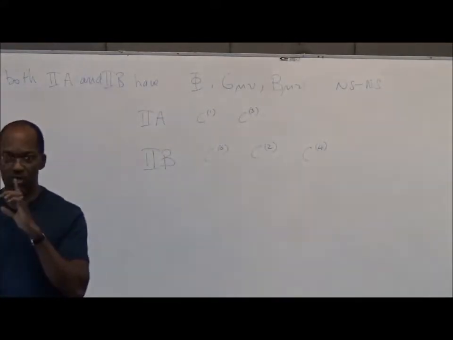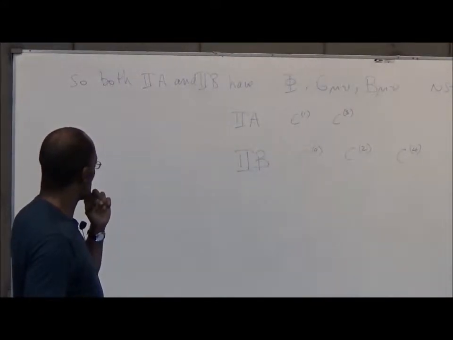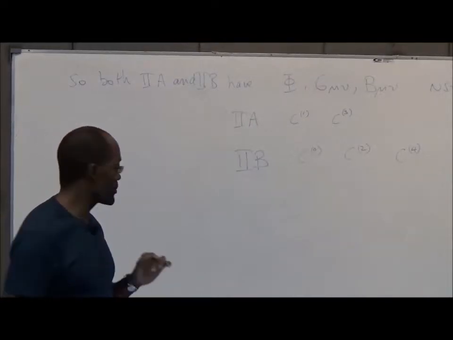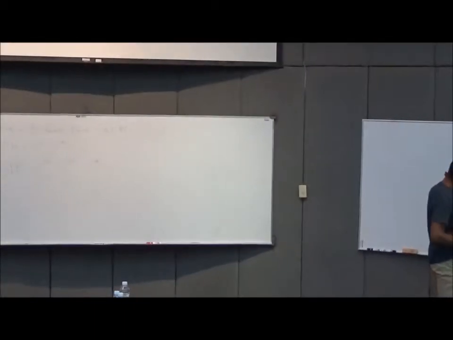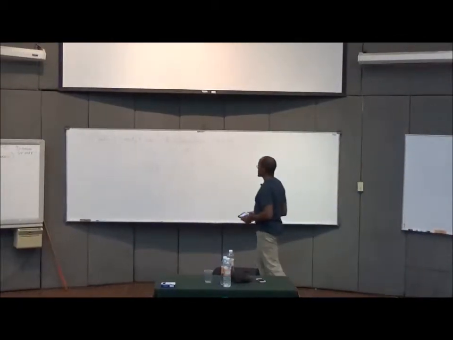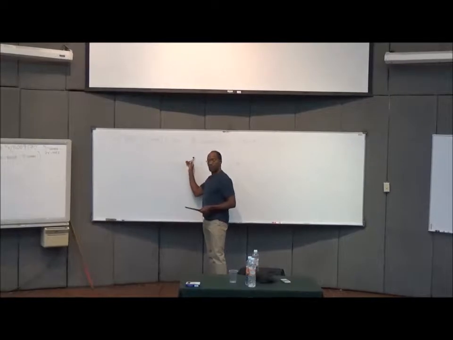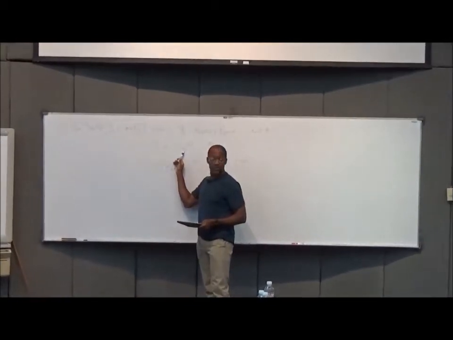I just want to pause here for a moment and note a couple of interesting things. So first of all, we're in 10 dimensions. What I can do is construct the field strength of one of these guys by taking a derivative.